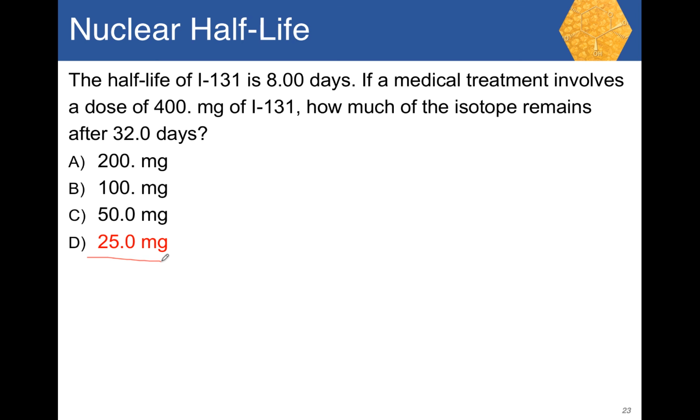So in the medical profession, we have to be very careful and do the calculations to accomplish the task, because if you give somebody radioactive iodine, after a number of days you want all of it to decay, so that the radioactivity of the iodine 131 is not left in the body for too long.